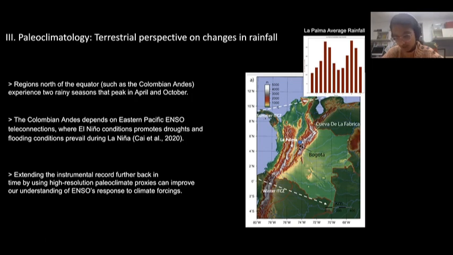Bogota is placed over there. I'll be showing you results from Cueva de la Fabrica, which is a cave system. The closest monitoring station is La Palma, and you can really see this bimodal distribution on a seasonal scale. In addition to that, ENSO variability also affects the hydroclimate over here, with El Nino conditions promoting droughts and flooding conditions prevailing in the La Nina period.